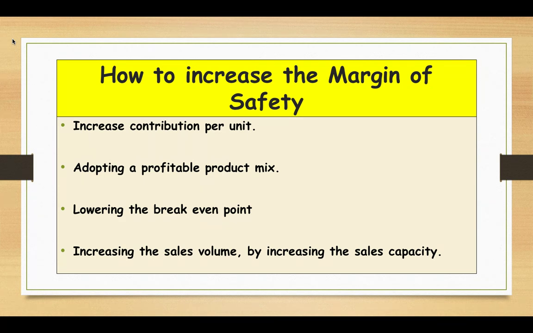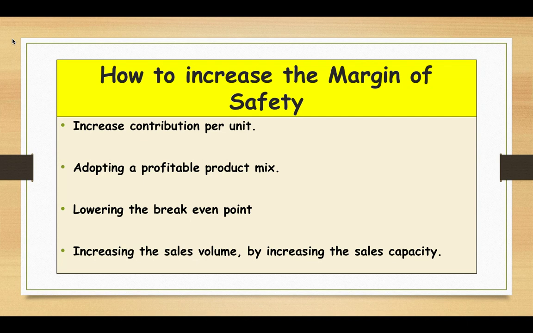But increasing the selling price per unit will not always be possible unless the market conditions are favorable or the customers value the company's products. In those cases, the company can increase its selling price.